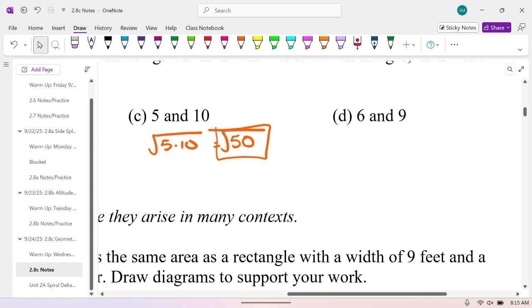You could put the decimals, but for right now, since we want it to still be in radical form, we're just going to leave it as the square root of 50. It's still a number. It's like the exact versus the rounded.